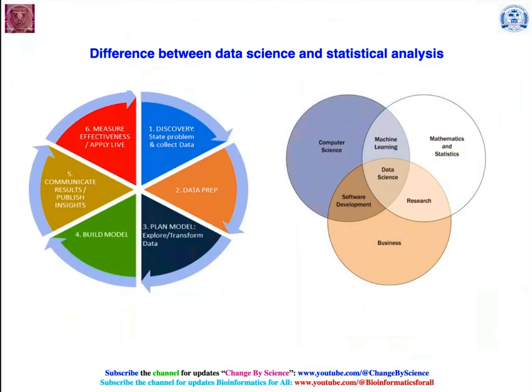So this is the major difference. If someone is saying that we just want to have the mean, this is not data science. That is just basic statistics. In data science, you need to think in a cycle or phases in different steps. But in statistics, you need to think about only one problem.